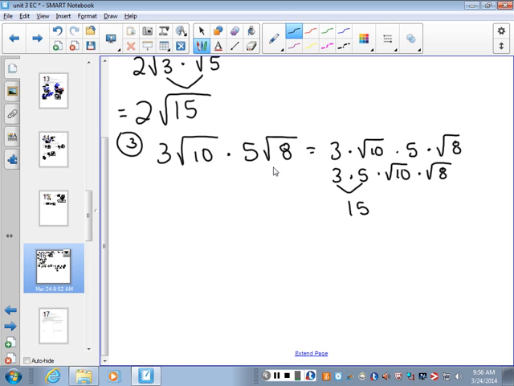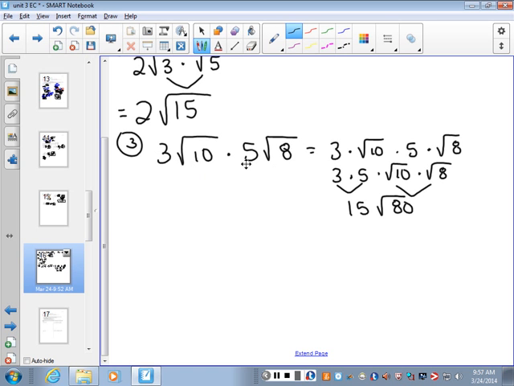What else do you think I can multiply together? The square root of 10 and the square root of 8. And what do I get when I multiply those together? Square root of 80. And you could do that right from this form here. My point is just, if the numbers are outside, multiply them. If the numbers are under square roots, or cube roots, or fourth roots, multiply them.